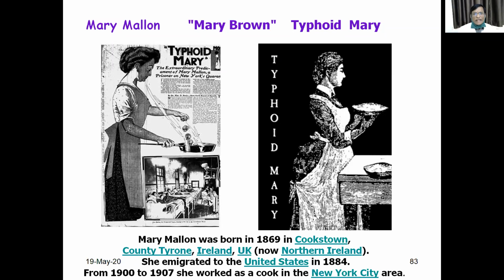She is called Mary Mallon, Mary Brown, Typhoid Mary, because she contaminated the food she was making and transmitted typhoid to many people. Later, she migrated to the United States in 1884. There also, she infected so many people when she worked as a cook.